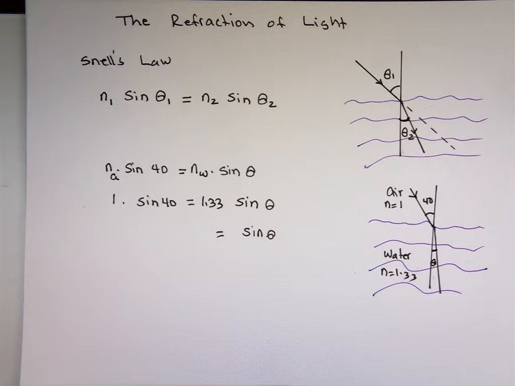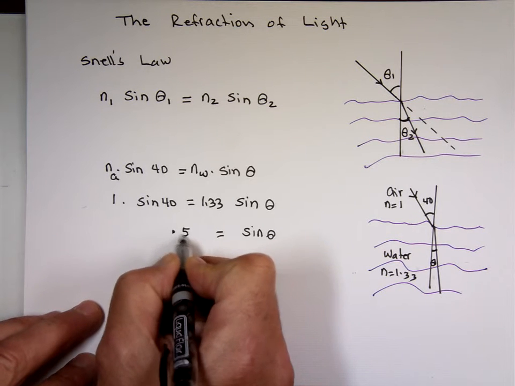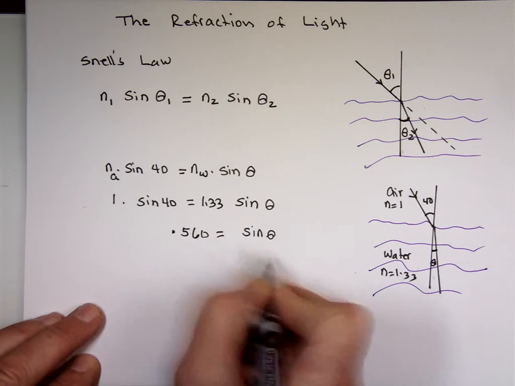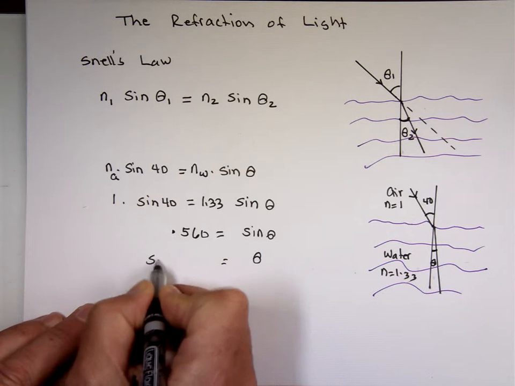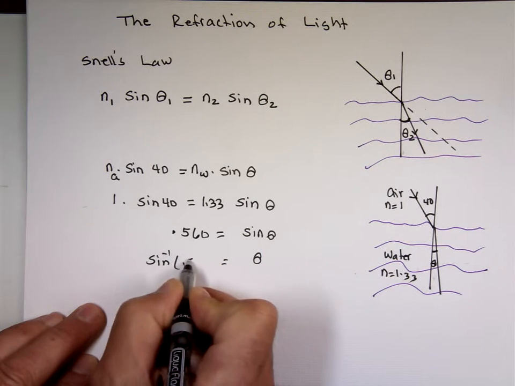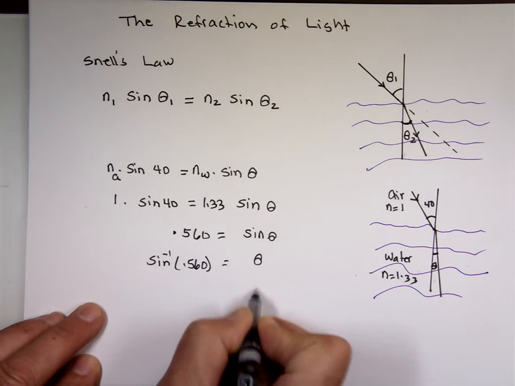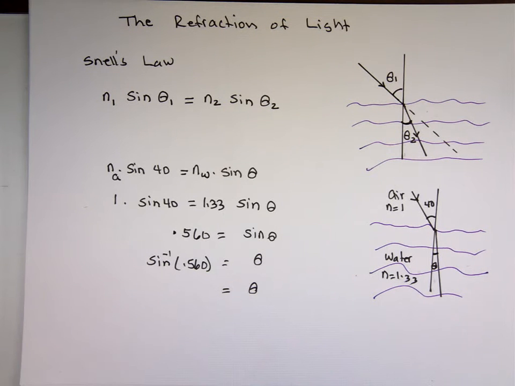Sine of 40 divided by 1.33 is what? 0.560, which means theta equals the inverse sine of 0.560. And what's theta?